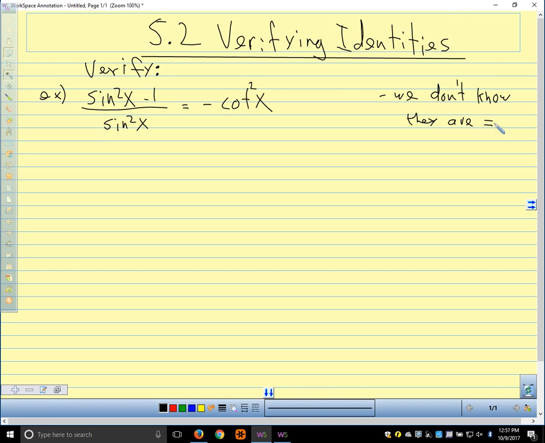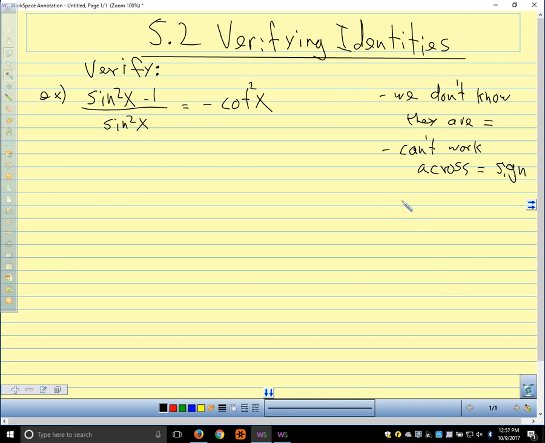We can't cross multiply, we can't add and subtract things from both sides because we don't know if they're equal. So I'm going to say we can't work across the equal sign. We have to show that they are equal.